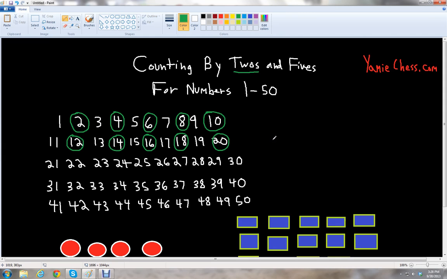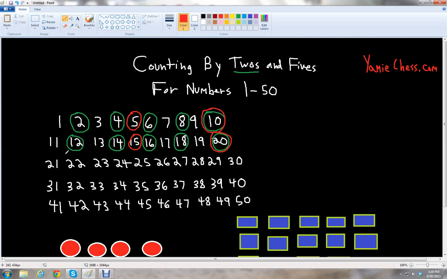Now if we want to count by fives, then we'll start with the number 5, and then we go 5 more. 1, 2, 3, 4, 5. So there's 5, and then we have 10, and then we have 1, 2, 3, 4, 5, and there's 15. 1, 2, 3, 4, 5, and then we have 20.